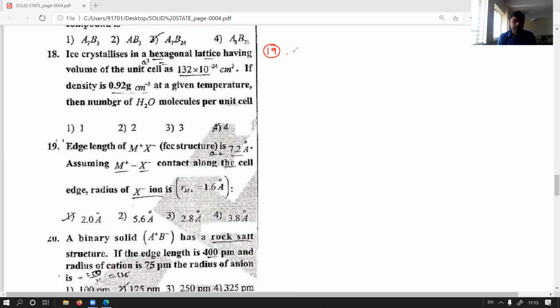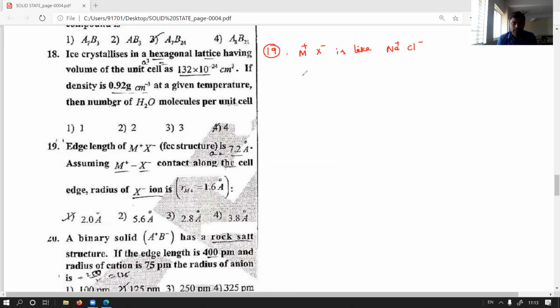It is very easy, 19th question. The MX has FCC structure. M plus and X minus is like NaCl, Na plus Cl minus, like NaCl structure.